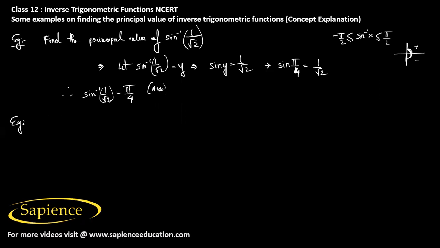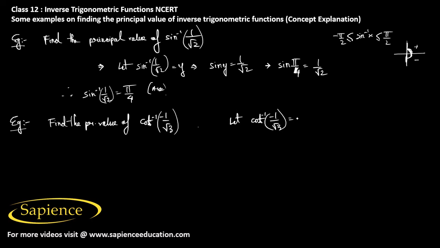And then another example: suppose it is asked to find the principal value of cot inverse minus 1 by root 3. Let cot inverse minus 1 by root 3 be equal to y, suppose.